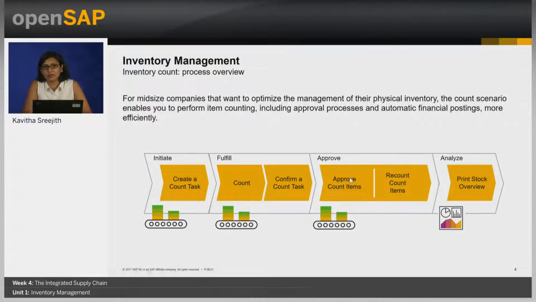These results are either then approved, rejected or sent for recounting by a warehouse manager in this approval step. The stock is updated in the system only when the count task is approved. The stock situation can be viewed in the stock overview.